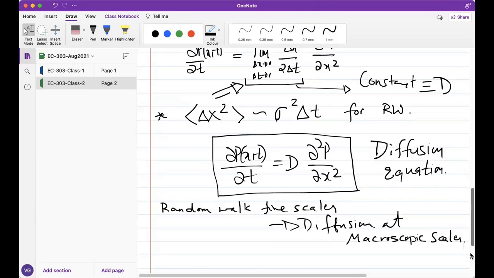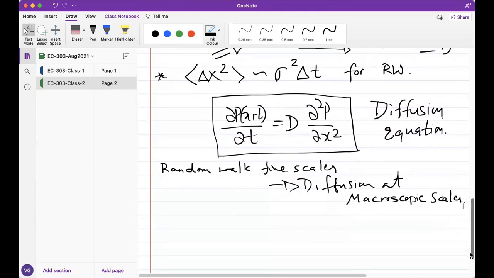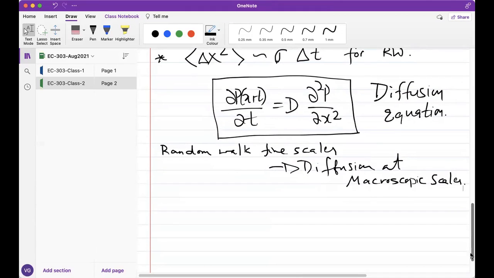Every ink particle you have dropped must be doing a random walk. Is that reasonable to say? And when we say that certain chemicals diffuse from one medium to another, what we mean is that actually at every spatial location, every particle is doing a random walk. But at the macroscopic level, what we observe is diffusion. And this is the beautiful link between random walk and diffusion.